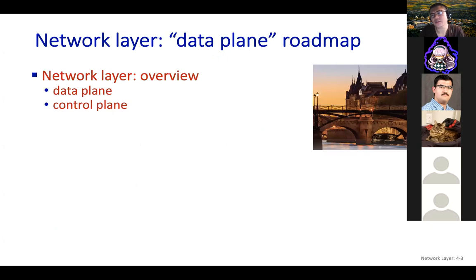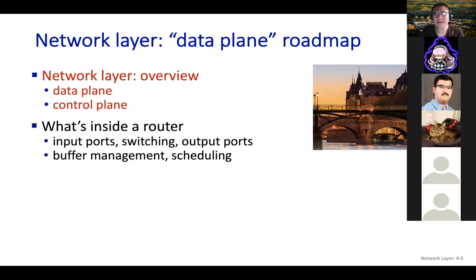First we need to talk about what a network layer is, the overview of the network layer. Generally speaking, it consists of the data plane and the control plane. What is the data plane? What is the control plane? We'll see that. So what's inside a router?